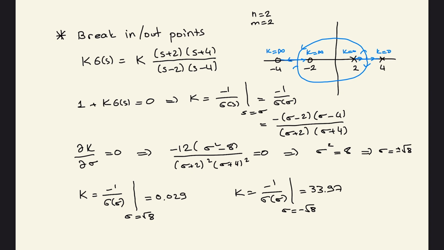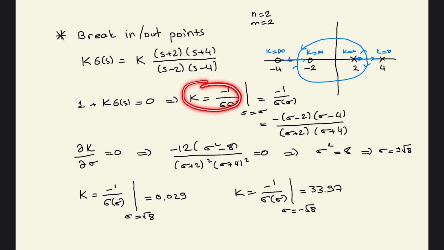Now, the important thing is, first of all, let's use this gain equation. This was the closed loop system's denominator. Equivalently, we can write it like this. Remember that in general, s is sigma plus j omega. Let's focus on the real axis, when s is sigma.